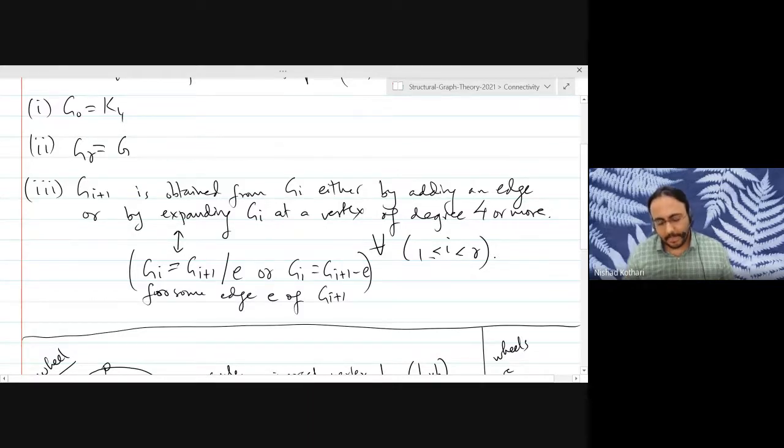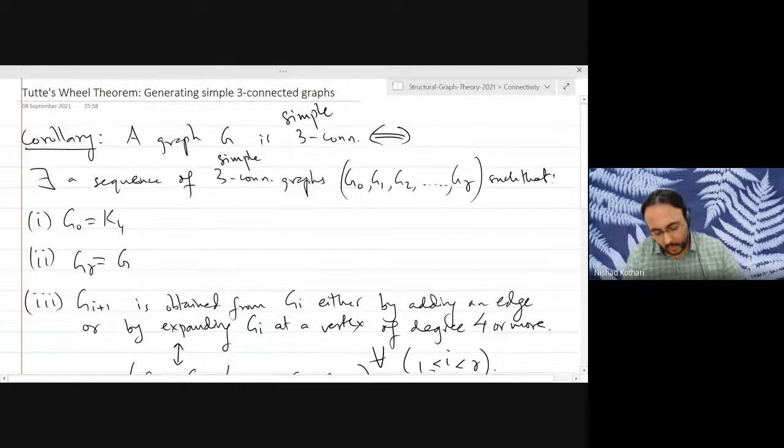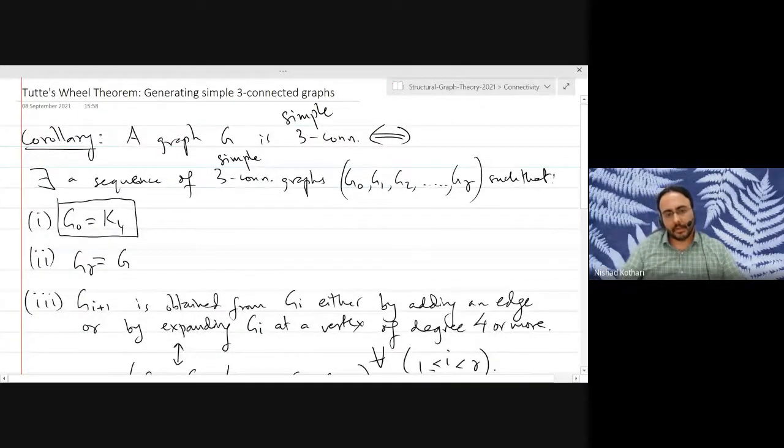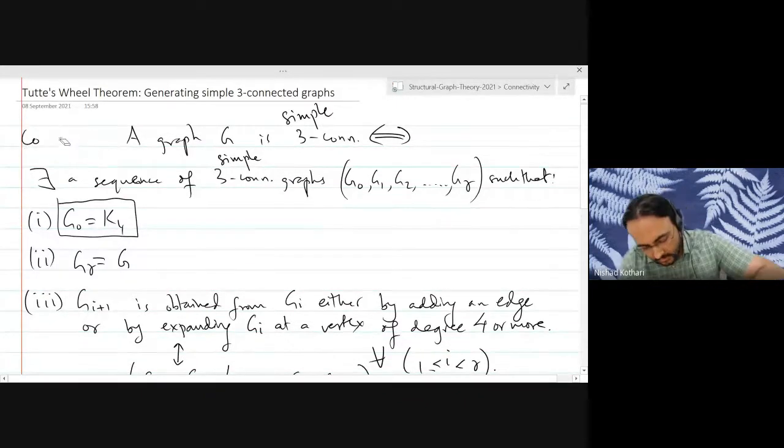Okay? What is the problem? We cannot insist on this condition because the wheels do not have any edge with the property we want. Right? So this theorem is false. This is a false statement.